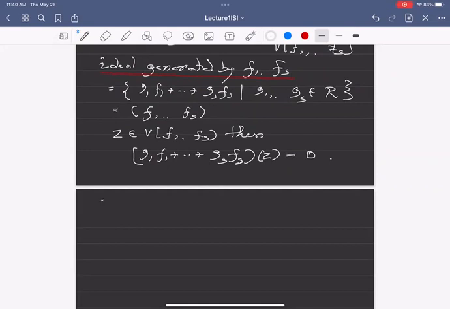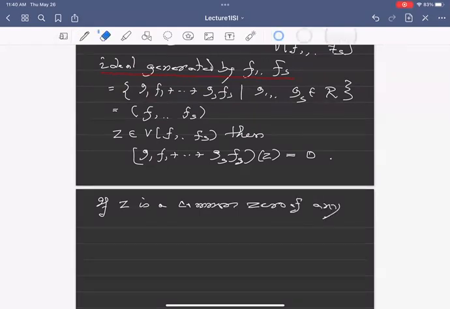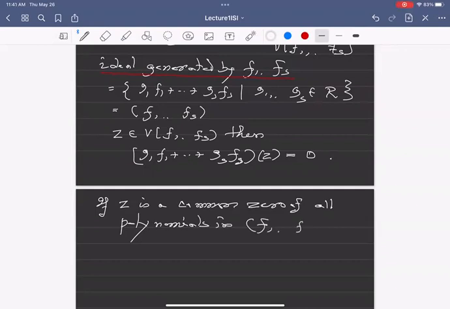And conversely, if z is a common zero of all polynomials in the ideal generated by f1 up to fs, then z belongs to the variety of f1 up to fs, because the ideal generated by f1 up to fs contains the polynomials f1 up to fs clearly.